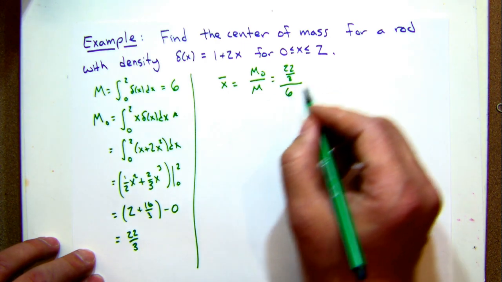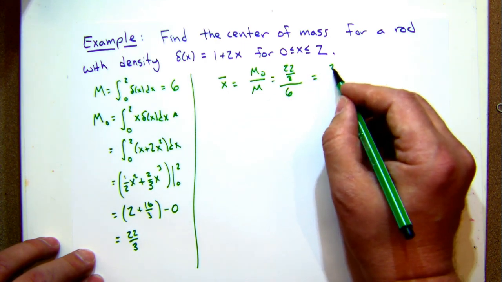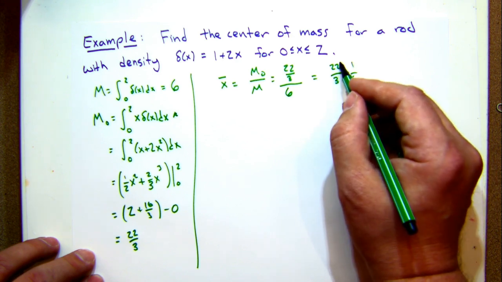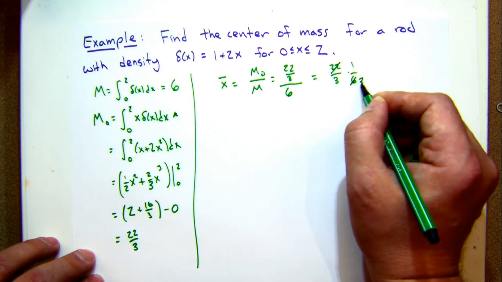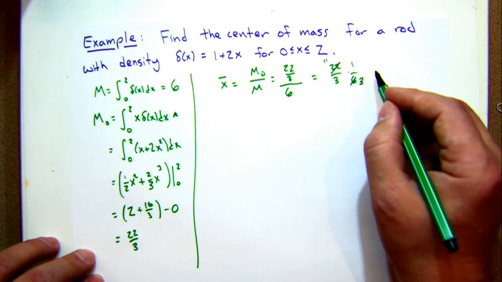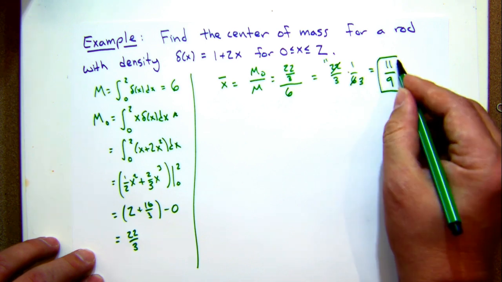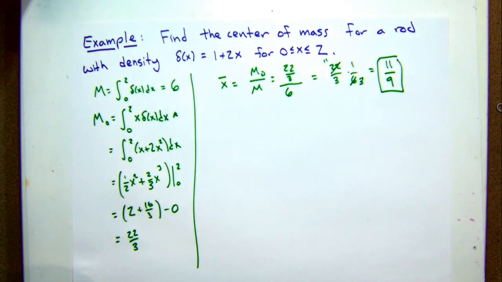So I get 22/3 divided by 6, or that's 22/3 times 1/6. Now I can do a little bit of math. For example, I can divide out by 2. So I get 11 on top and 9 on the bottom. So I get 11/9.